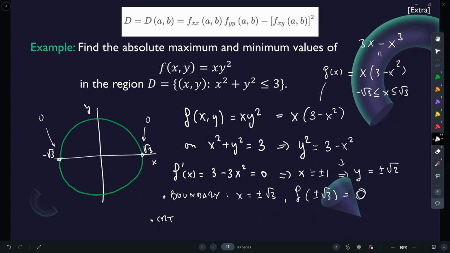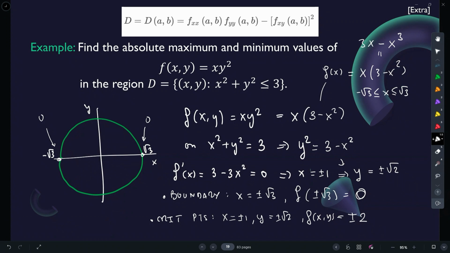So at the critical points, those are when x is plus or minus 1 and y is plus or minus the square root of 2, f of xy is what? X times y squared. Y squared, because y is the square root of 2, is just 2. This will be plus or minus 2. So that is large.